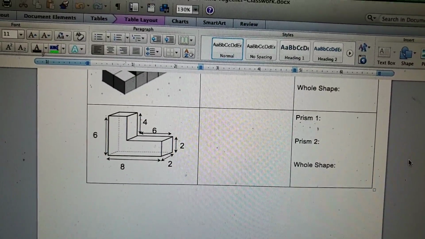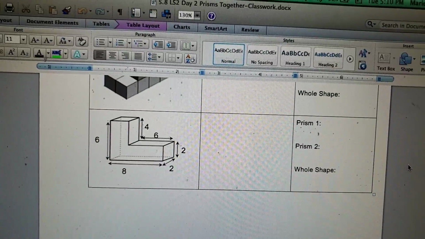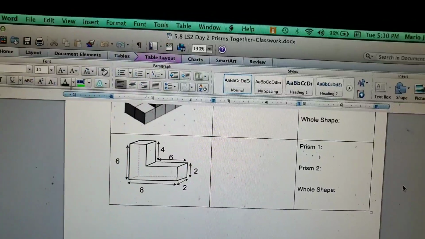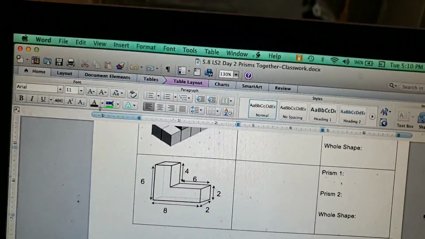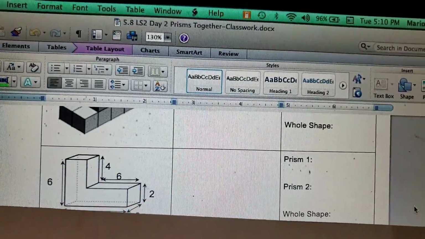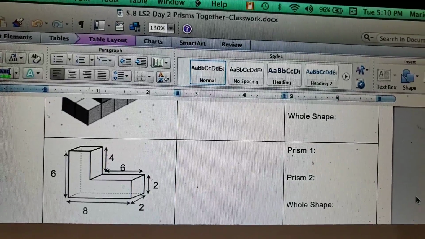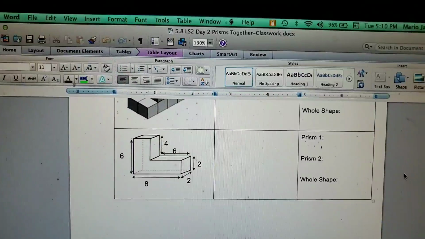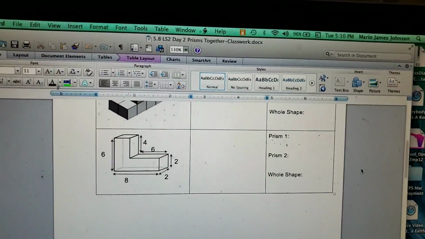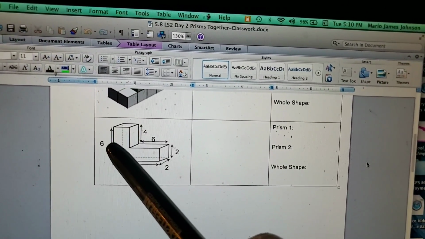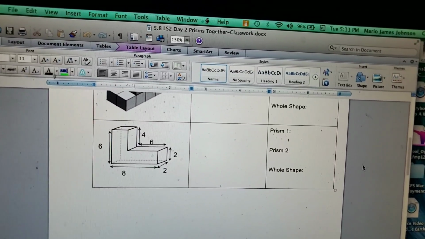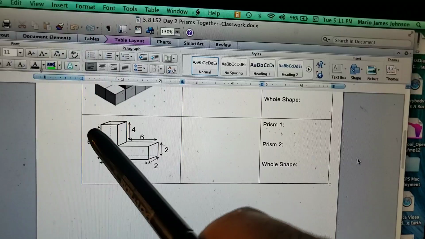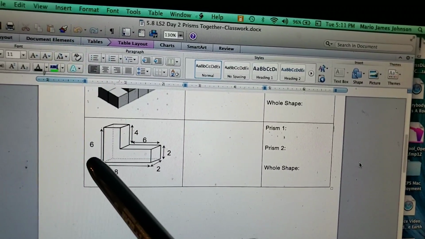So without any cues, what two prisms do you see? Matter of fact, I'll give you a little hint. Oh, there we go. Okay, that's all I'm going to give. So you're going to probably split some of these sizes right here. So we have the 6. From here to here is 6 inches or 6 centimeters.